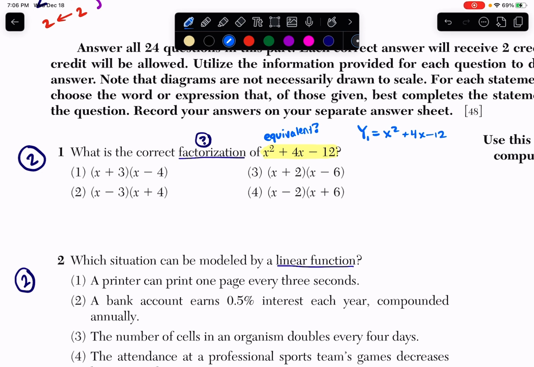So in y1, I have x squared plus 4x minus 12. And the first one, I'm just going to check out answer choice A to begin, answer choice 1 to begin.